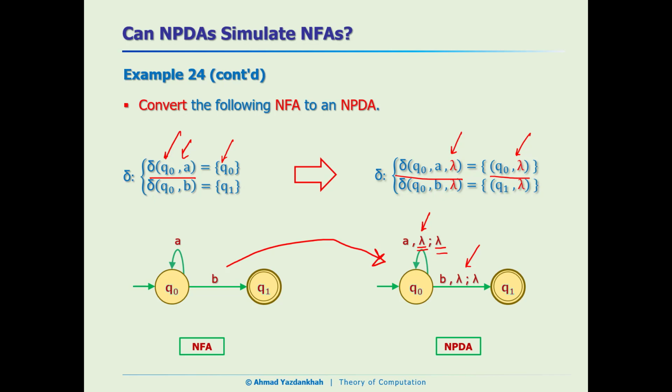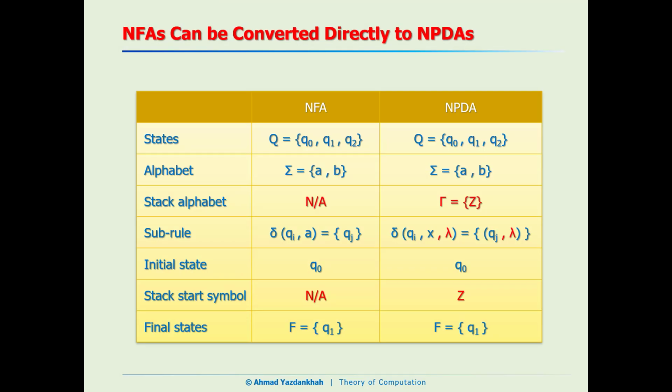And this is how we convert the definition of the NFAs to PDAs, right? Okay, so let me summarize that. Is it possible or not? So should we change the states? No, the states are the same thing. The alphabet, no changes.